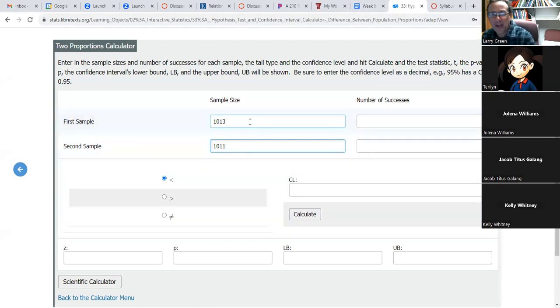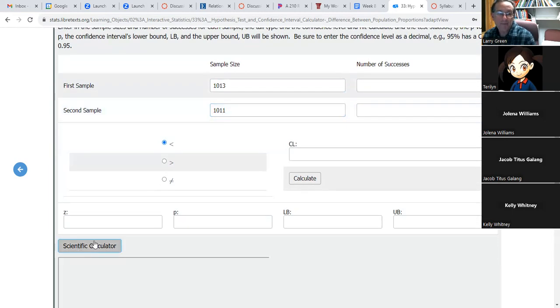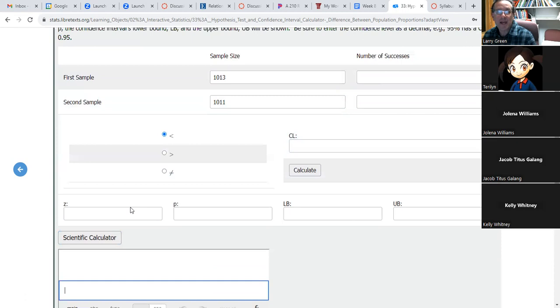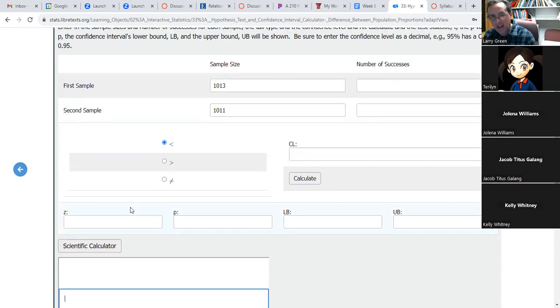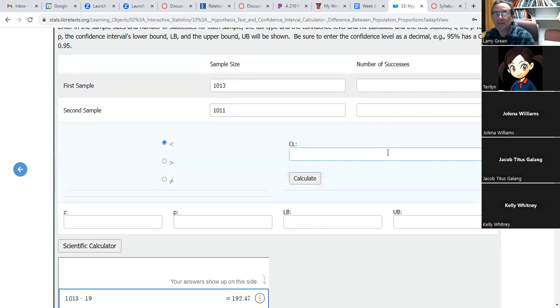For the number of successes for the 2023 year, the first one, we need to do a little calculation. Remember, 19% said they were satisfied. So we're going to take 19% of 1,013. So 1013 times 0.19 gives you, rounded to the nearest whole number, 192.